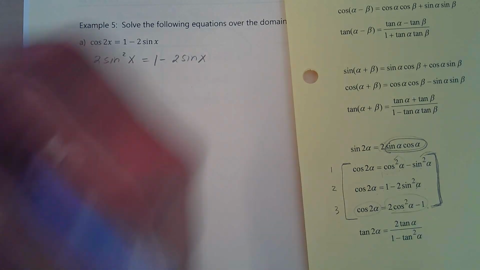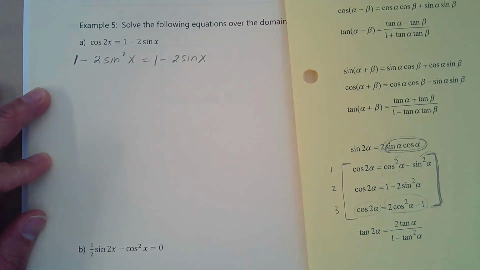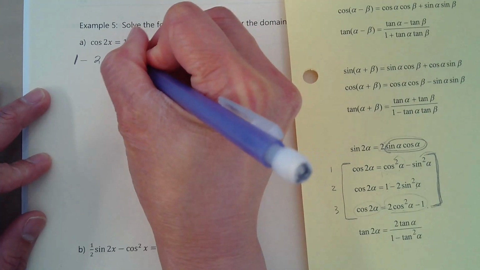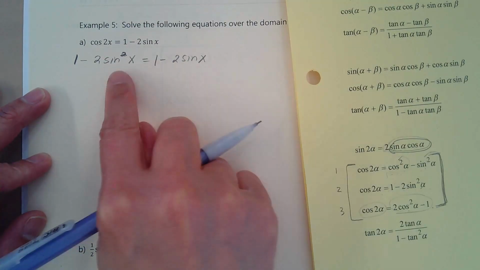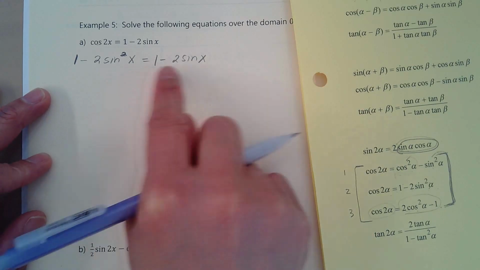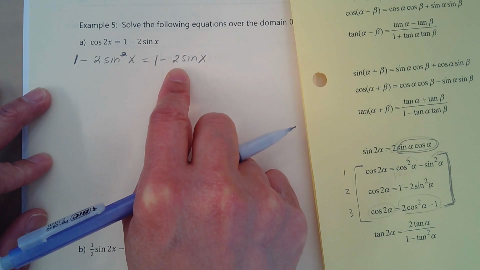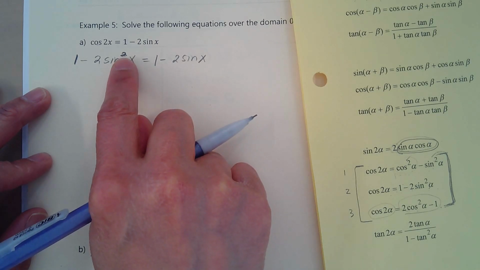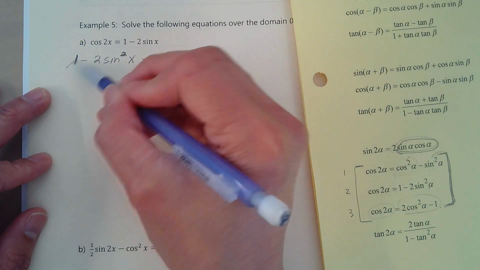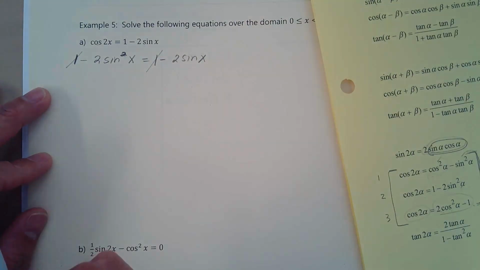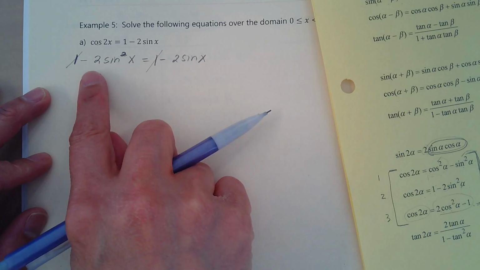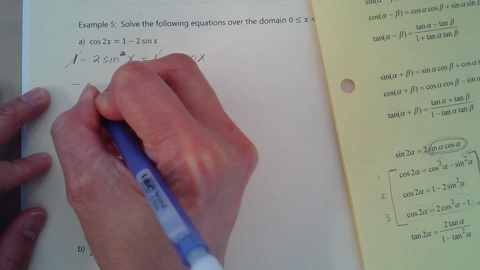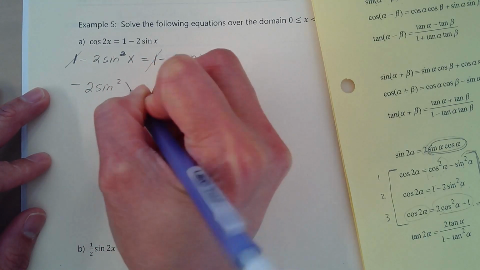Okay. Now I can see that this is going to be some kind of a degree 2, because it's something squared. So the 1 and the 1 would cancel, right? Now I'm going to have a negative 2 sine squared x.